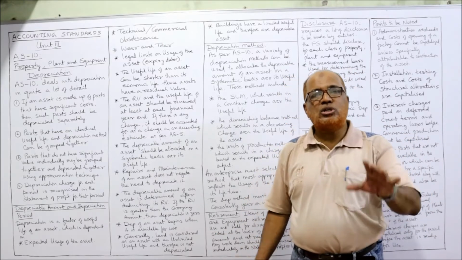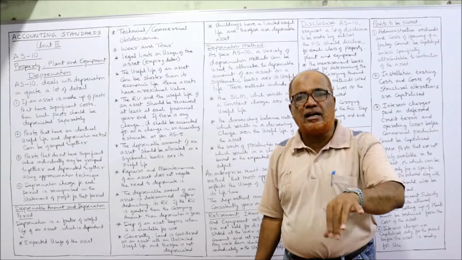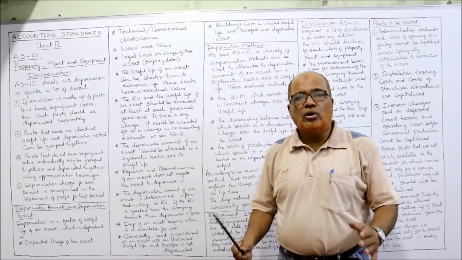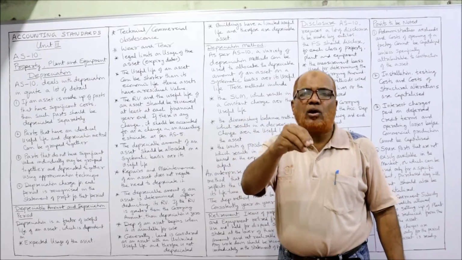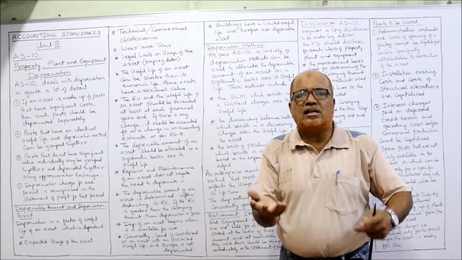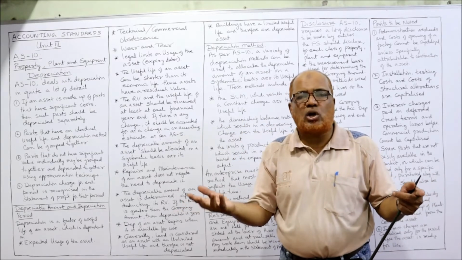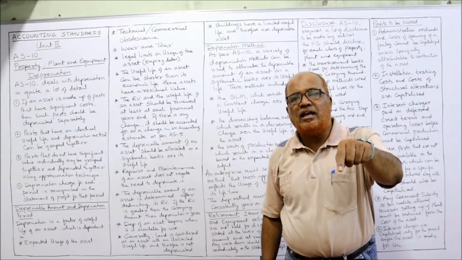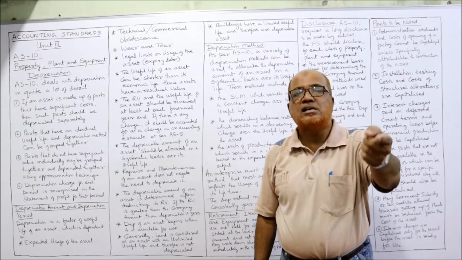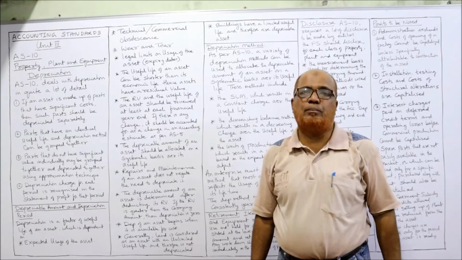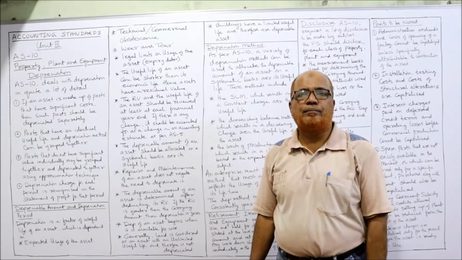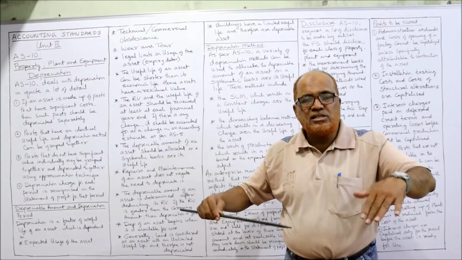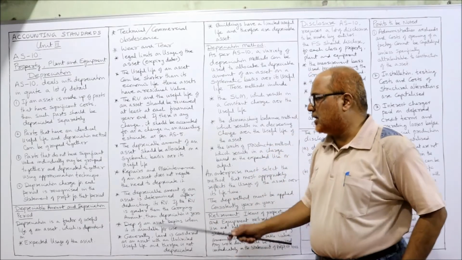There is no relationship between repair and maintenance and depreciation. So if an enterprise says we are incurring a lot of expenditure on repair and maintenance, so what is the need for depreciation? No, it's not like that. Even after spending money on repair and maintenance, there is still a need for depreciation. Depreciation is mandatory, compulsory, even if an enterprise spends money on repair and maintenance.